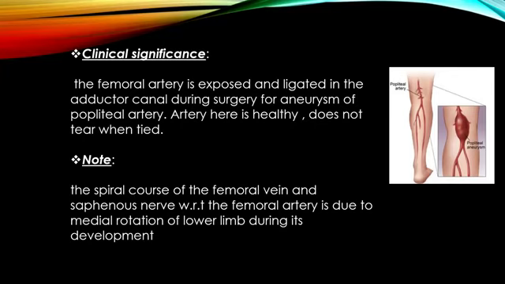Even the saphenous nerve crosses the femoral artery from the lateral to the medial side when it moves downward. So this spiral course of the femoral vein and the saphenous nerve is due to the medial rotation of the lower limb during its development.